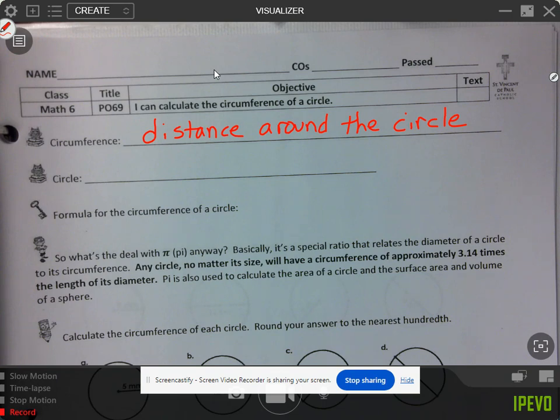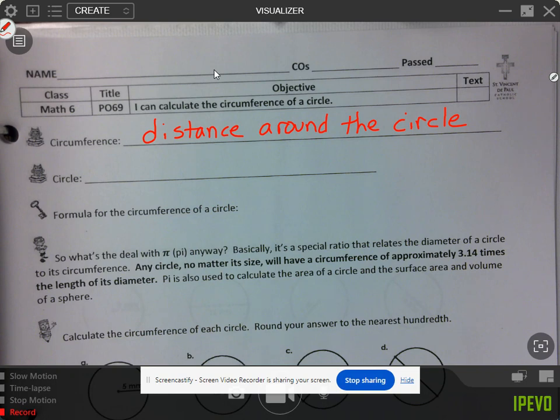So perimeter is going around the outside. Same thing with circumference. It's the distance around the circle. So if you're going to put one of those cute little gardens that go around a tree and you need to know the perimeter to see how many bricks you need to go around the tree, that is the circumference. Circumference is like the perimeter.